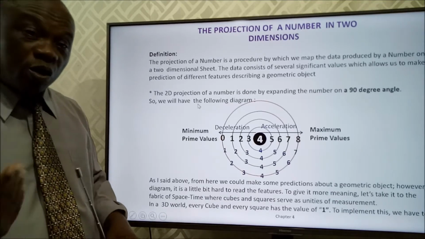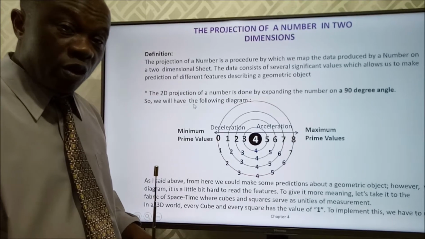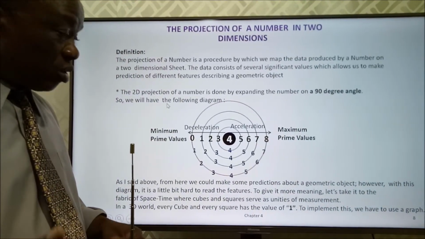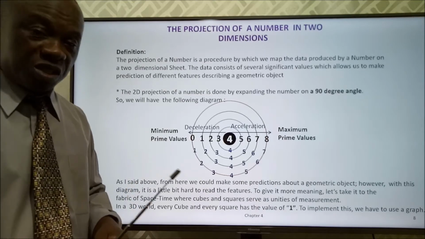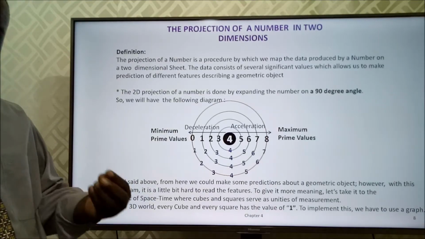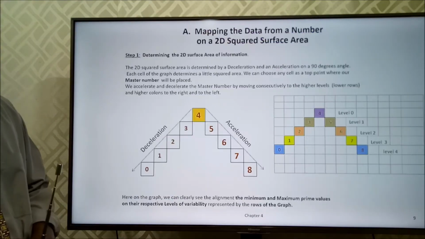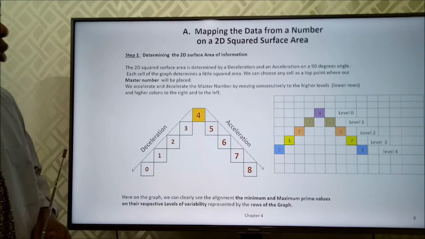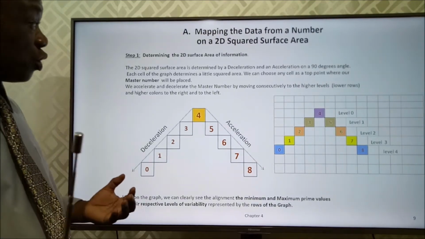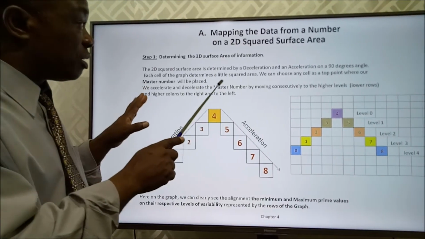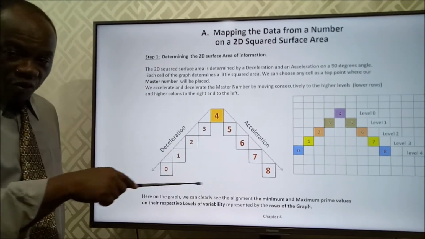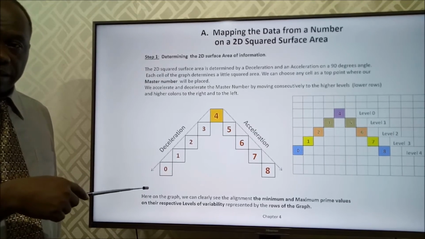So we will go to the fabric of the cosmos, because we are talking about space and time, and space and time is always illustrated by a graph. So here we will show you how we do the mapping of the data on a graph like this.